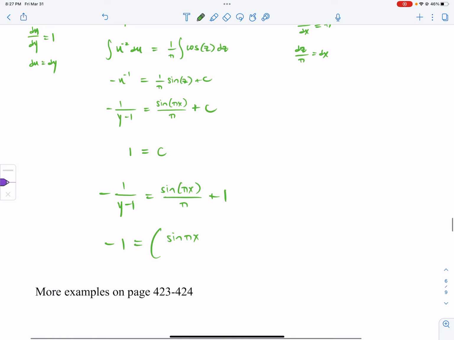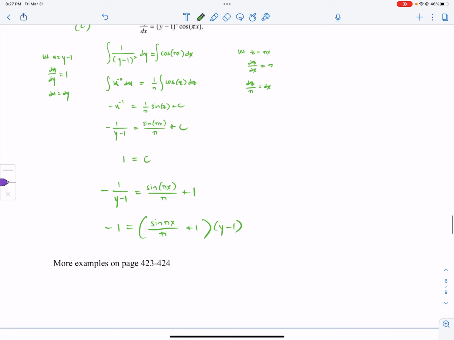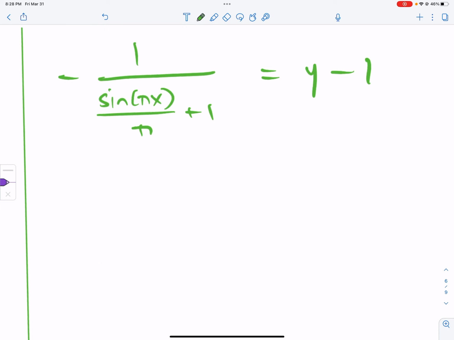Yeah, we can do that. Plus 1 times y minus 1. And then I'm trying to isolate y. So from here, I can think about dividing by sine of pi x over pi plus 1. That's yucky. And then adding 1.